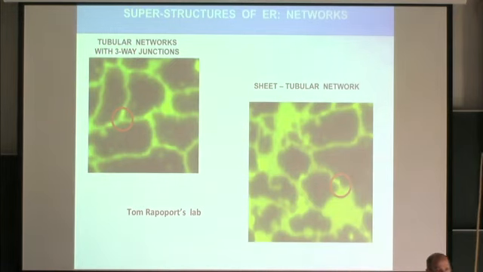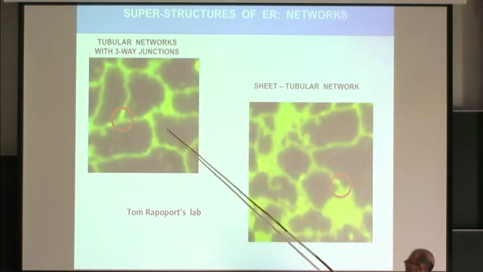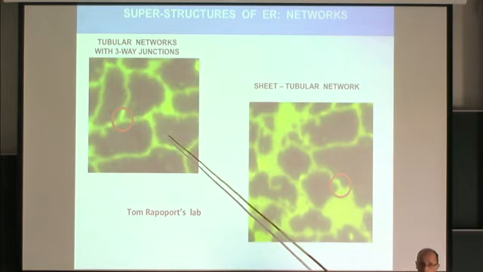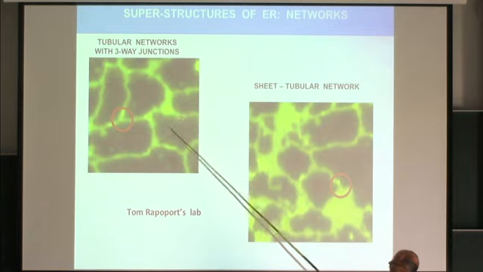Second thing, superstructures. I would like to classify two types of superstructures. First is made of tubes, and this superstructure is basically a network made of tubes. A network is first of all characterized by junctions, right?